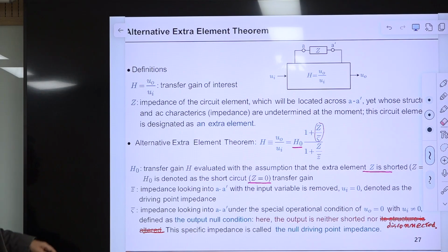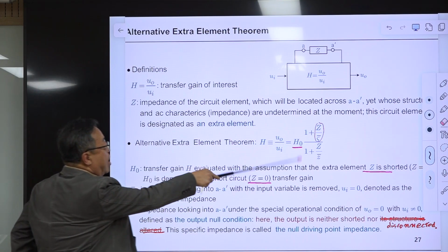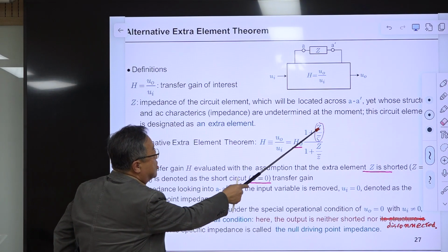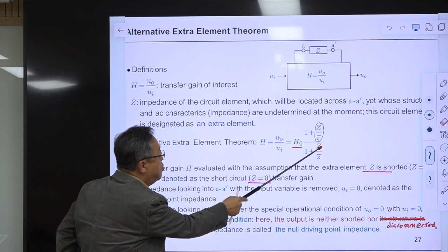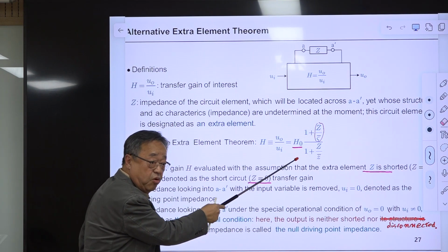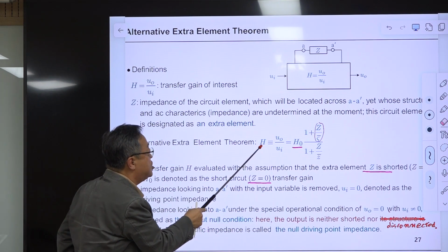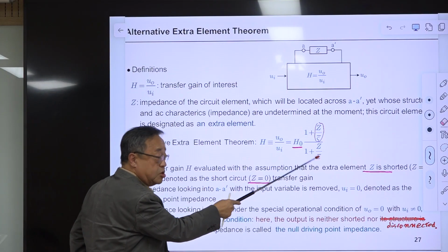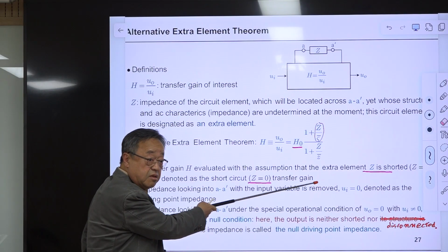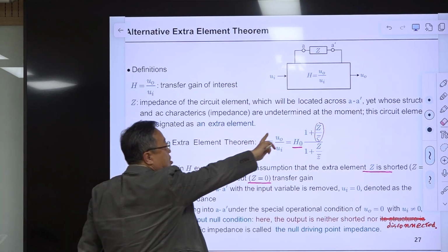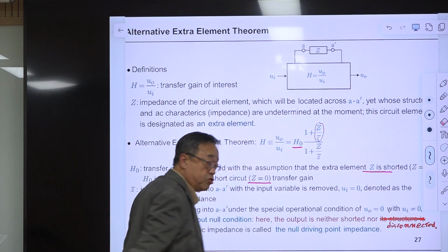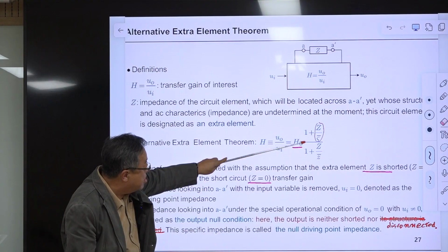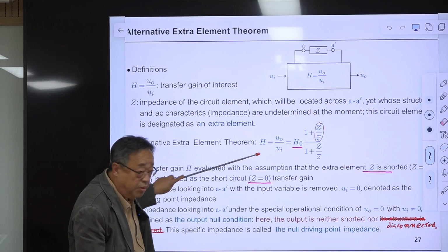So why this form? We'll prove this. But if G is 0, then H becomes H0. That means this is H evaluated under the circumstance that G is 0. That makes sense, right? In the previous equation, the numerator and denominator were swapped, and we used the infinity sign here, so when G is infinity, they become the same.